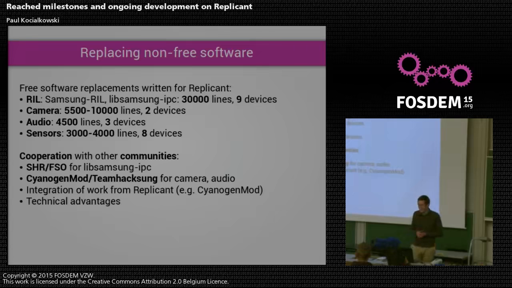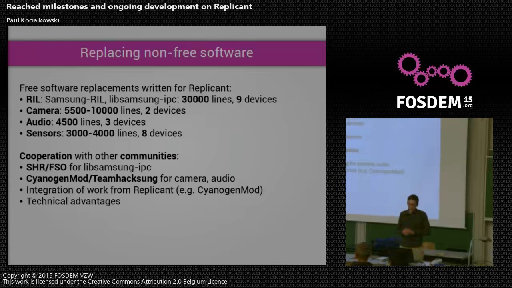And we also have other community Android versions, such as CyanogenMod, also Omni, and Team Hacksung, which is a specialized team of people working on Samsung hardware. So all of those were interested in the camera and audio parts because we wrote that for Samsung devices.